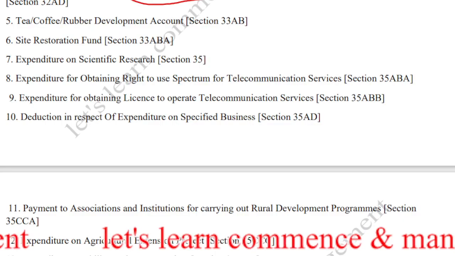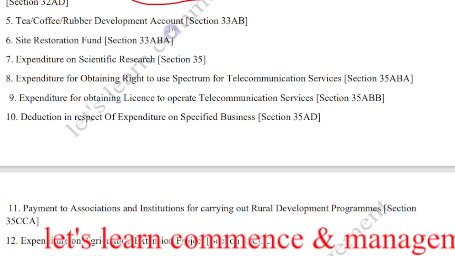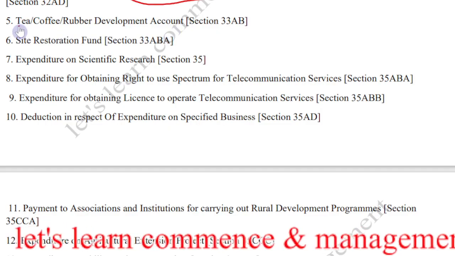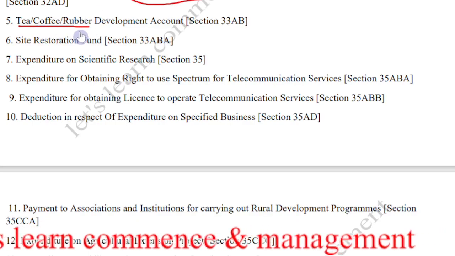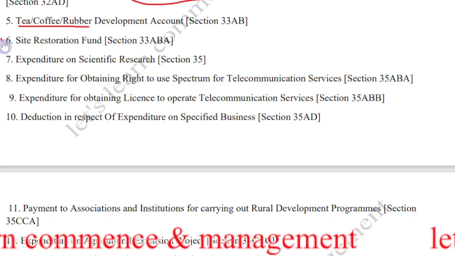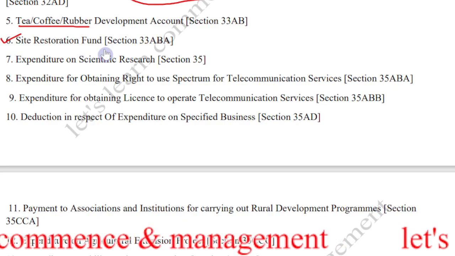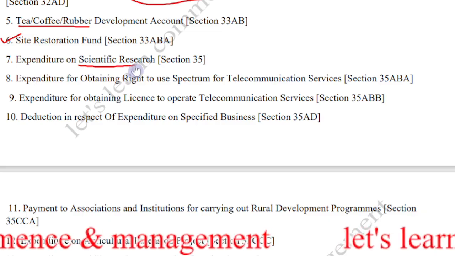Next, tea, coffee, rubber development account. Expenses towards the development of tea, coffee or rubber plantation will be considered as a deduction. Then we have site restoration fund, and expenditure on scientific research.